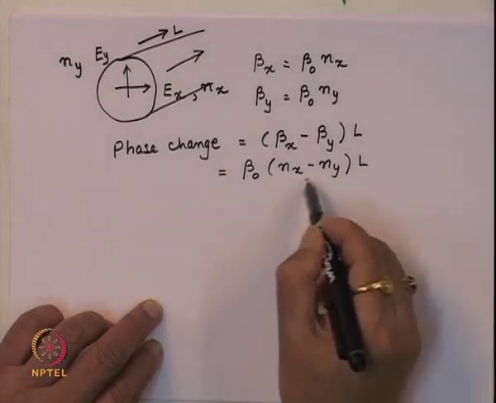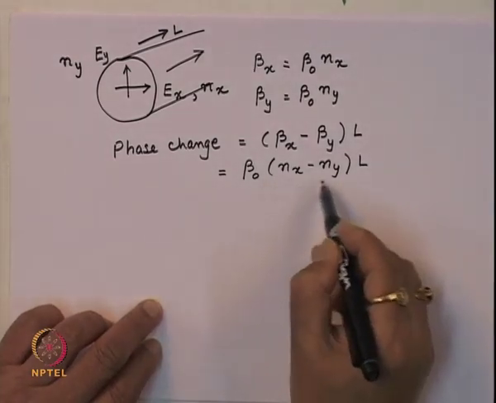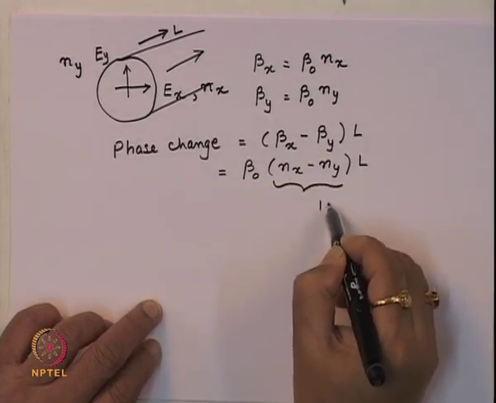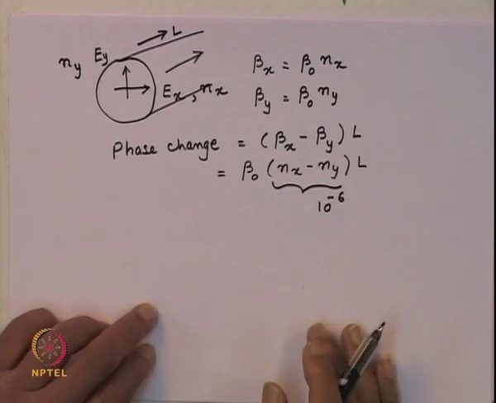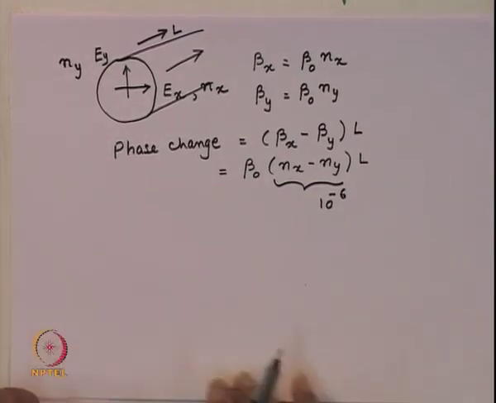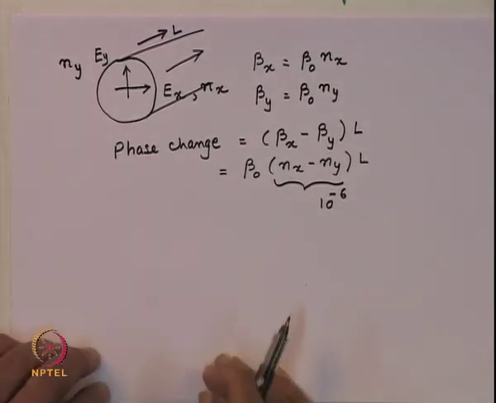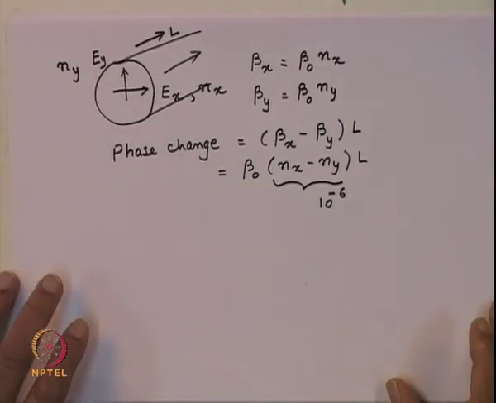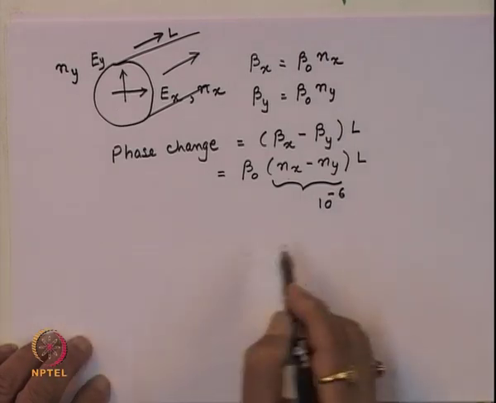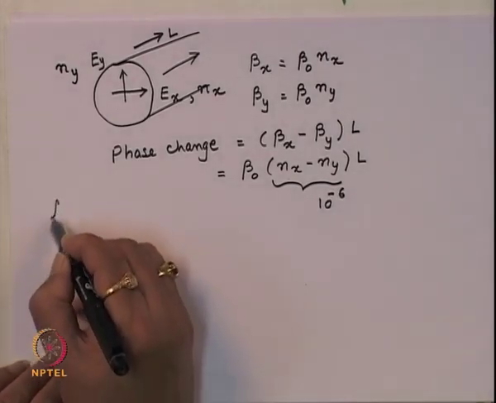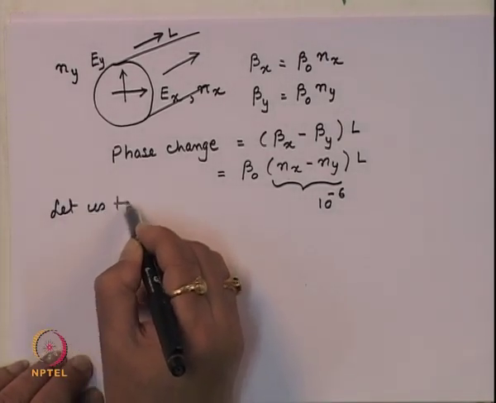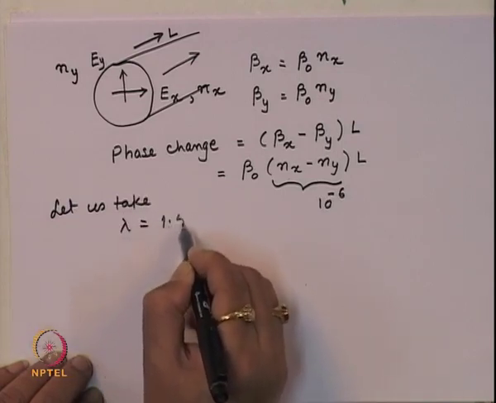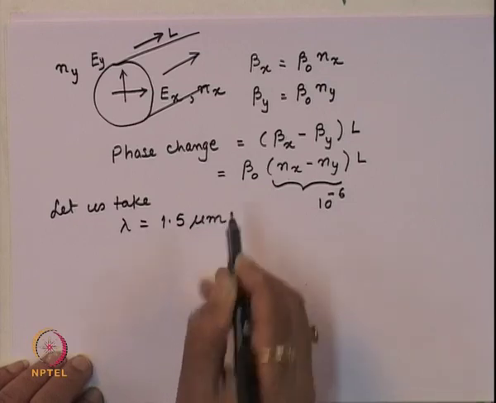Now, n x minus n y is nothing but the birefringence that is given as 10 to the power minus 6. Though the wavelength is not given, for calculation purposes, let us assume that lambda is equal to 1.5 micrometer.